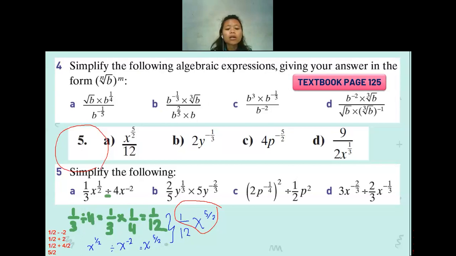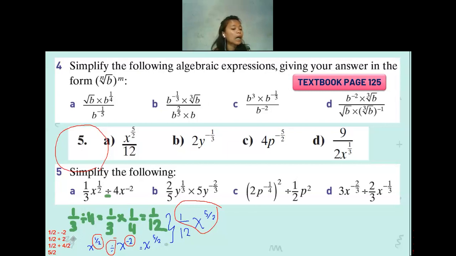Teacher, can you explain again why it becomes x to the power of 5 over 2? I don't understand the last one. Divide means subtract. The power here is negative 2. So we do a half minus negative 2. Minus and negative, we can combine, it becomes plus.